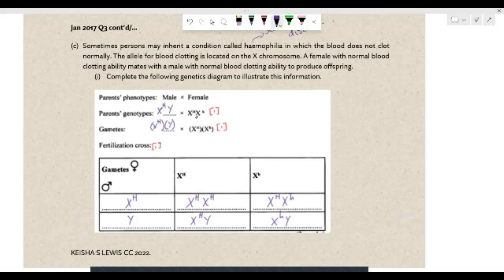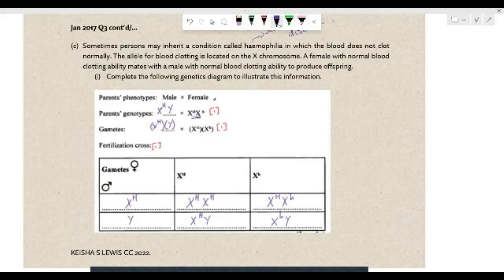Even though the female is normal, they give you a heterozygous genotype, right?